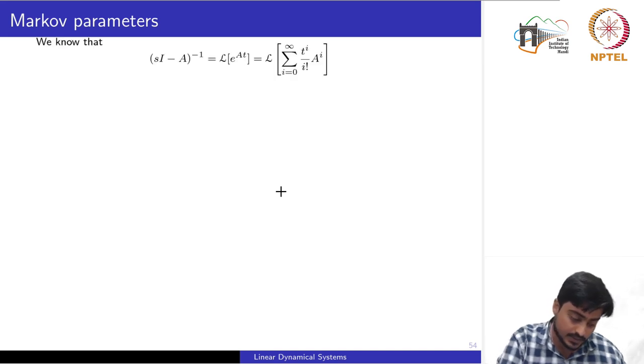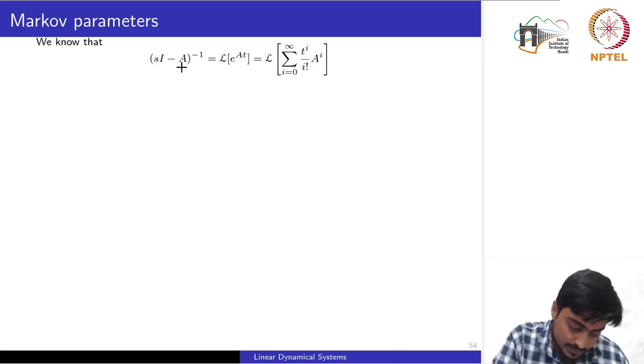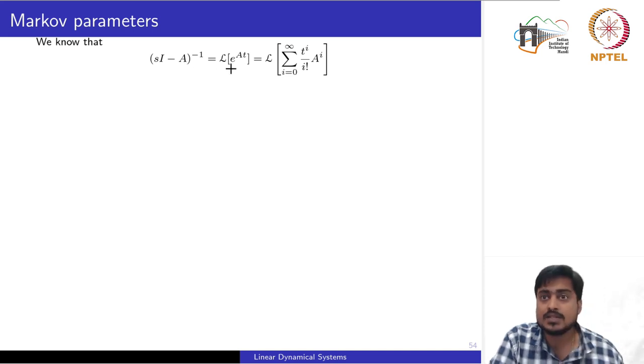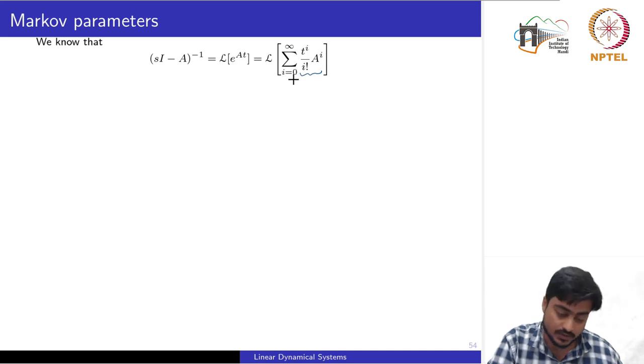Let's see. We know that the inverse of sI minus A is basically the Laplace transform of the matrix exponential, that is e to the power At. And this e to the power At I can represent as an infinite series, starting from i equal to 0 to infinity.